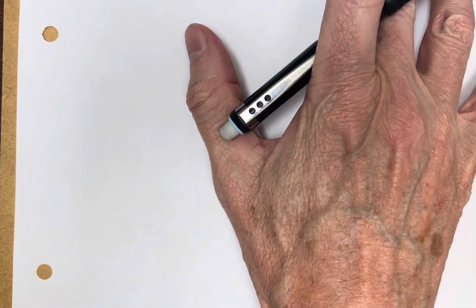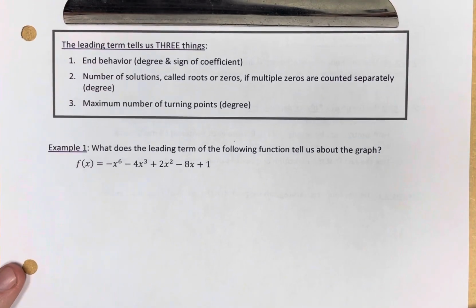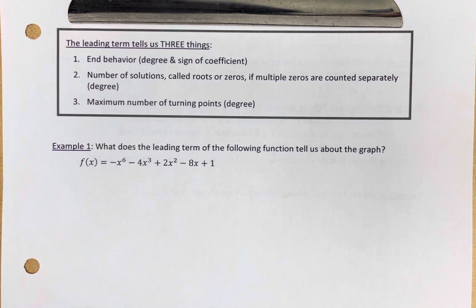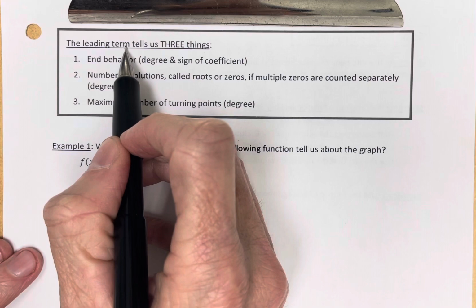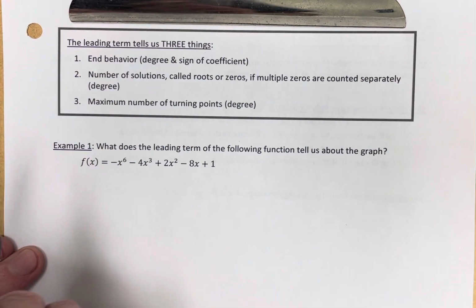So give me just a moment here, and let's summarize all about that leading term. We learned a lot from the leading term. Here we go. So now we know that the leading term of a polynomial function tells us 3 things.